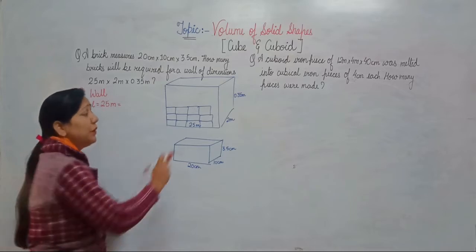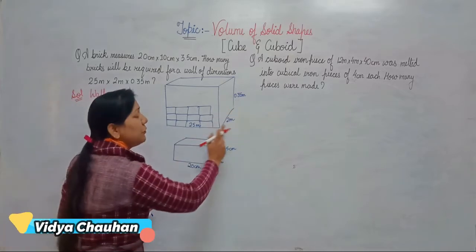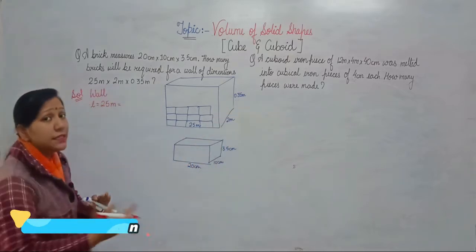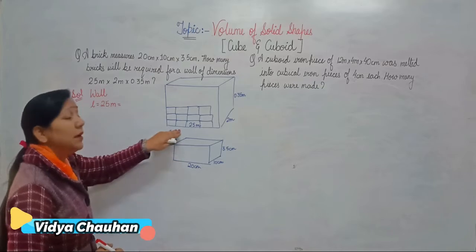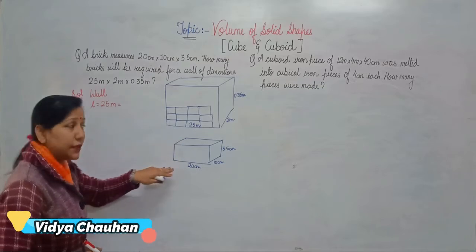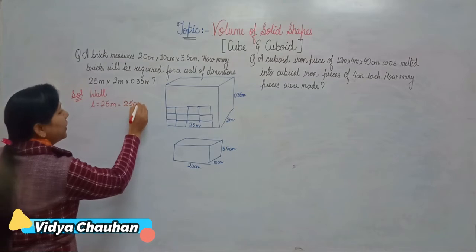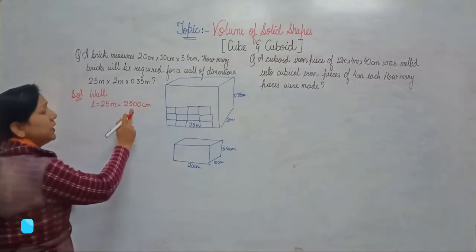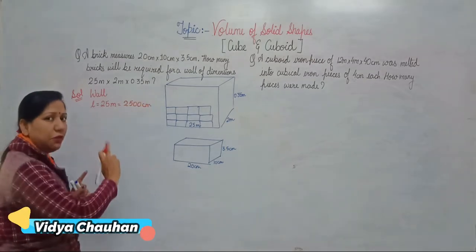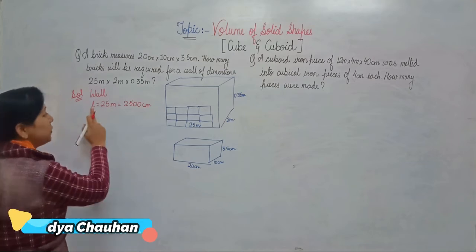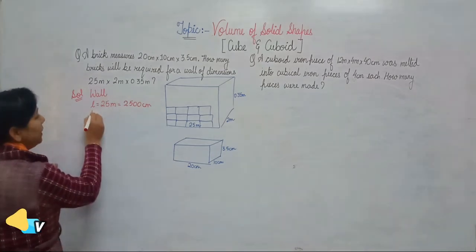So very first we will convert the dimensions of the wall from meter to centimeter so that we can do the solution further. So 25 meter is equal to 2500 centimeter, that means multiplied by 100 because 100 centimeter makes 1 meter. So the length is 2500 centimeter.